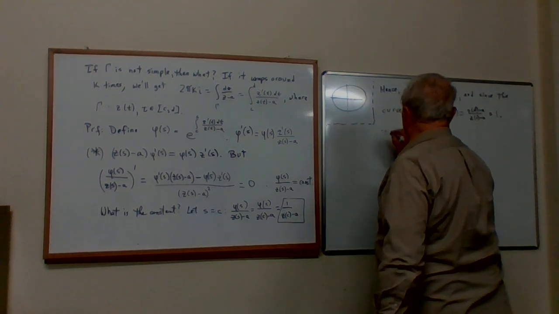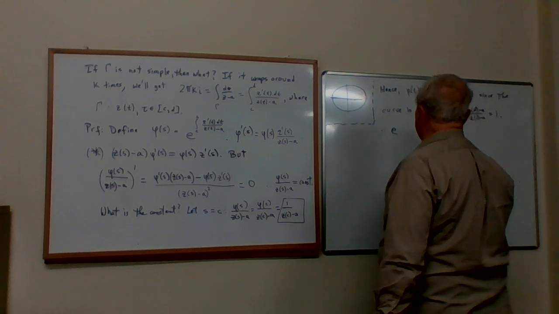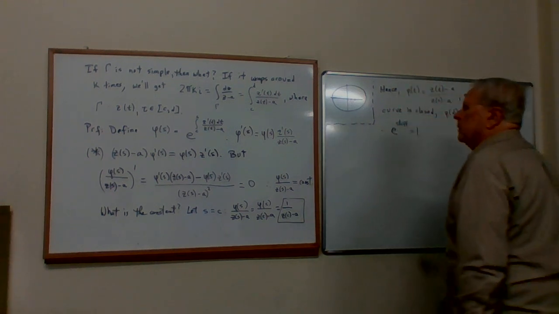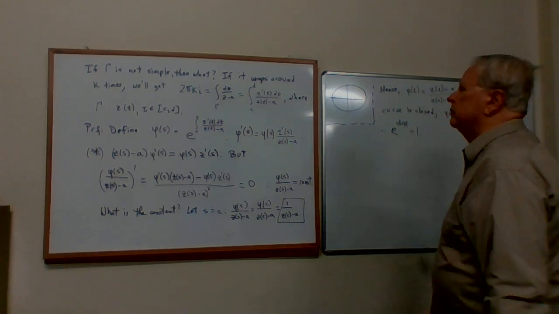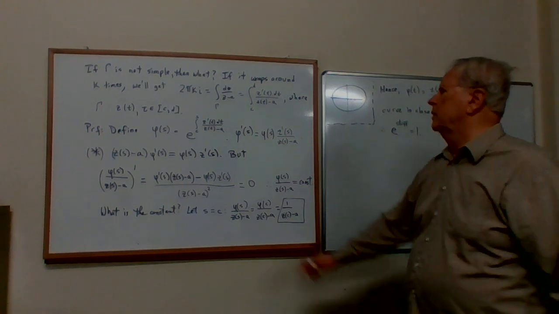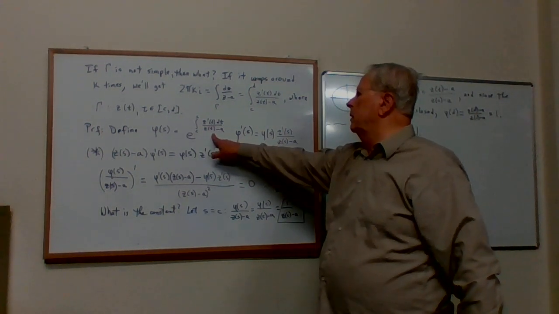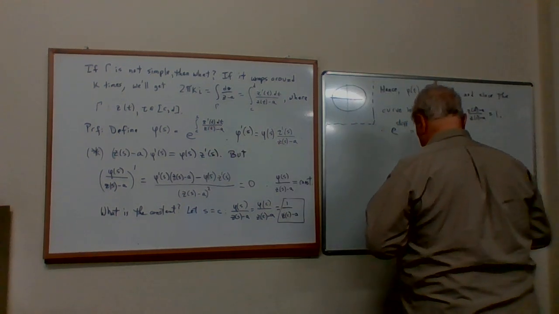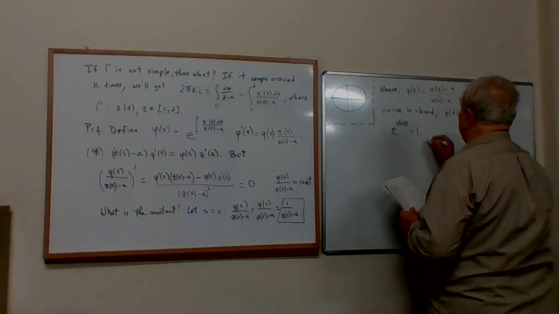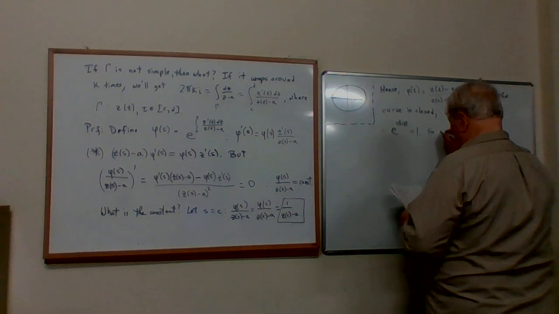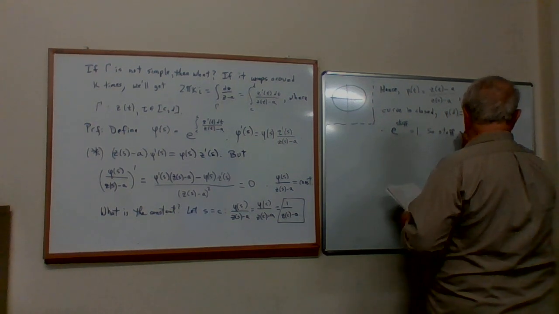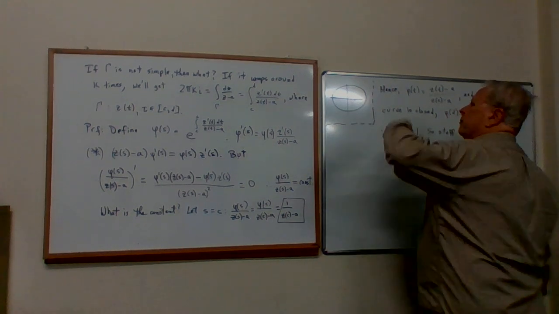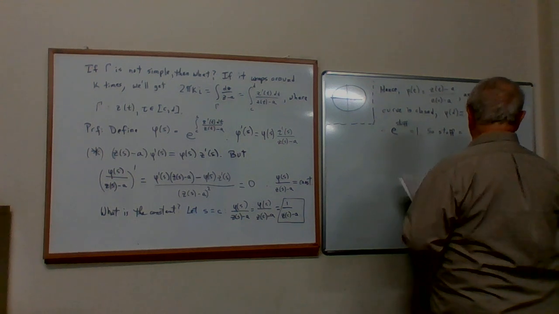Therefore, e to the stuff equals 1. That was our integral. E to the stuff equals 1. So what does the stuff have to be? It has to be 0. So the stuff equals 0, or if I wrap around again, 2 pi i, if I wrap around again, 2 pi k i in general.